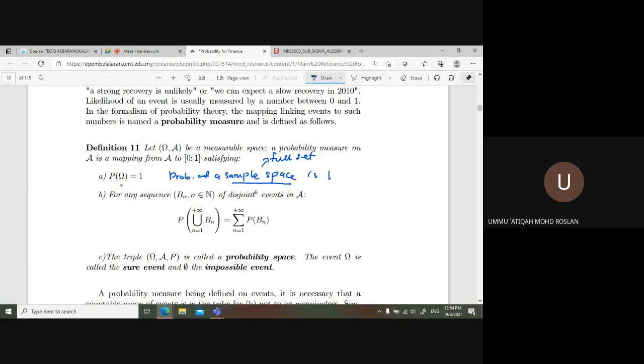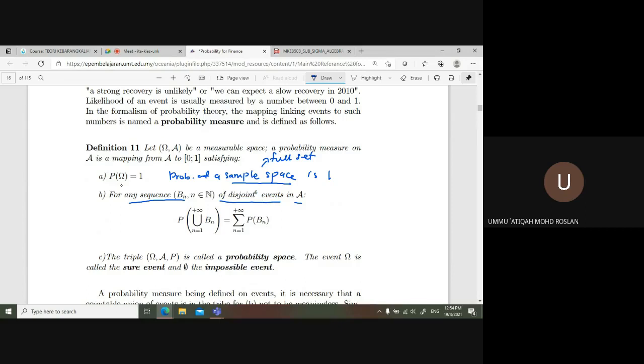Okay, secondly, for any sequence Bn of disjoint events in the sigma algebra A, the probability of the union of the events is actually equal to the summation of the probability of each event.